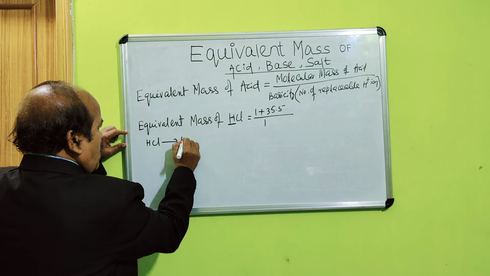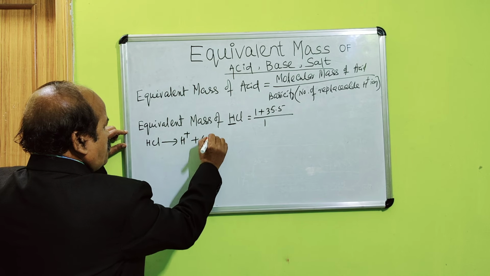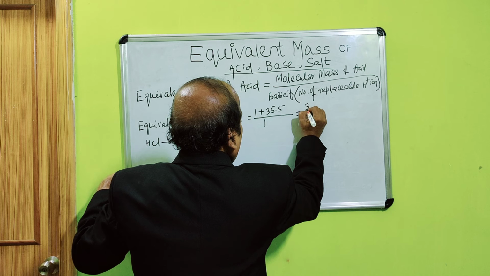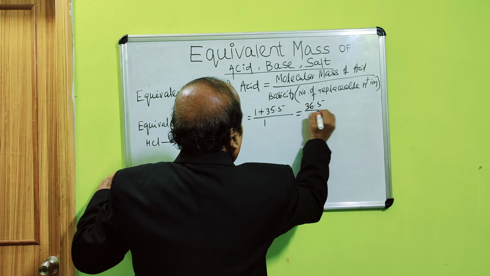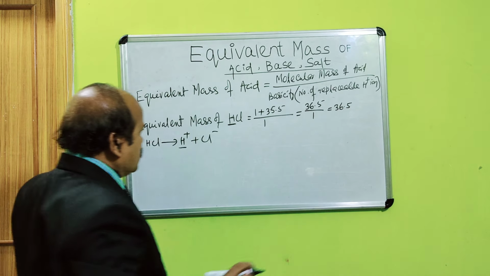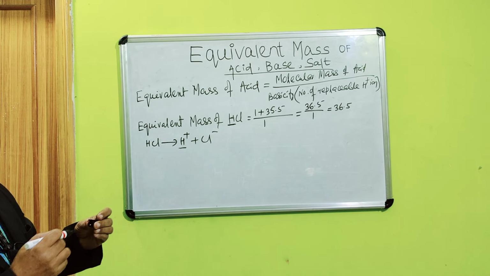HCl will give rise to H plus and Cl minus, only one H plus. So that will be 36.5 by 1 is equal to 36.5. Is it clear? The equivalent mass of HCl.